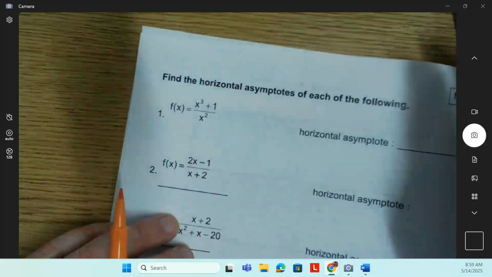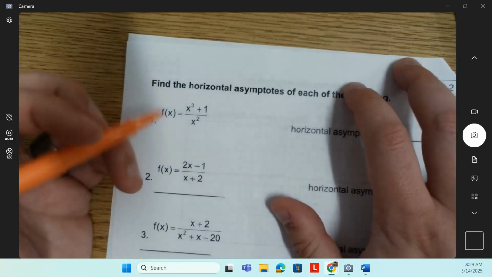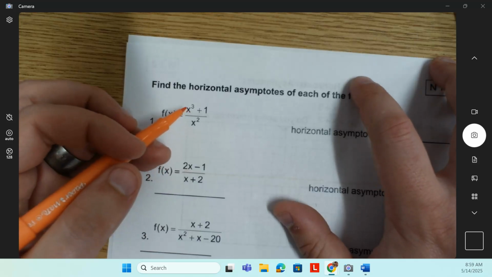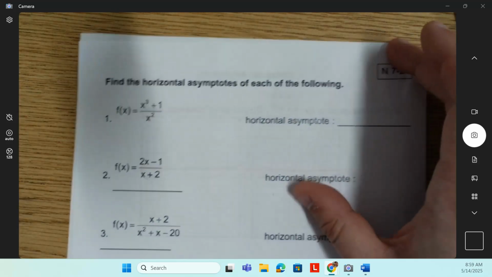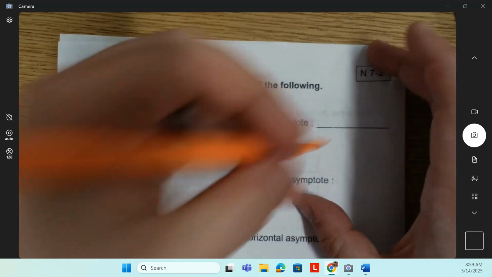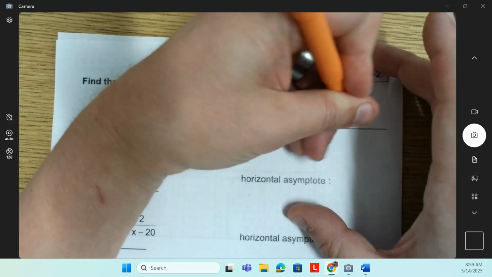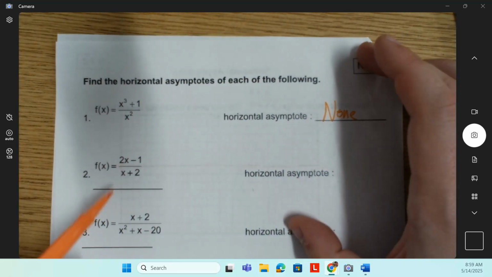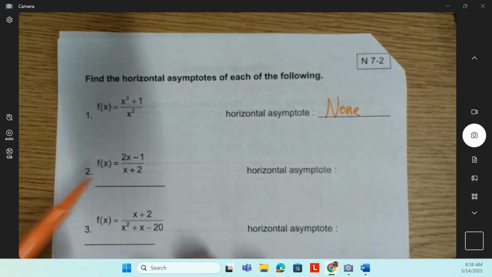So let's look at a couple of them as examples. For this one, first horizontal asymptote, this one has a greater degree on top. So that's going to be no horizontal asymptote. These are the same.